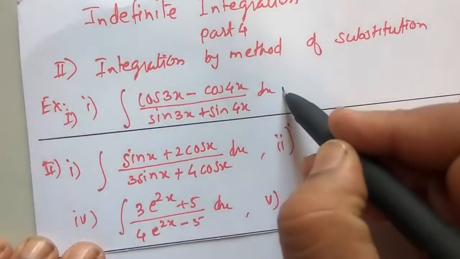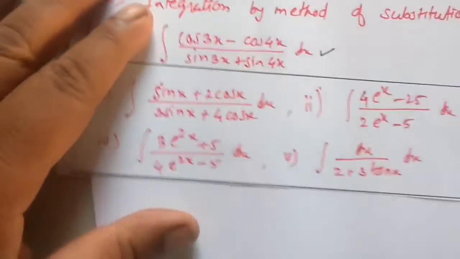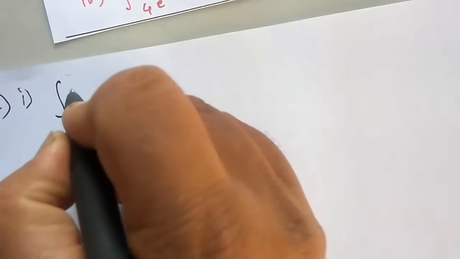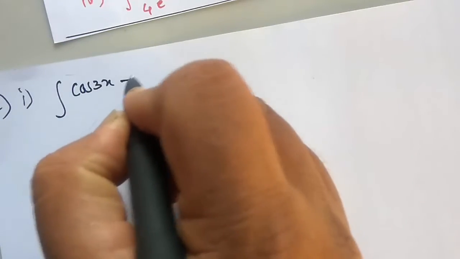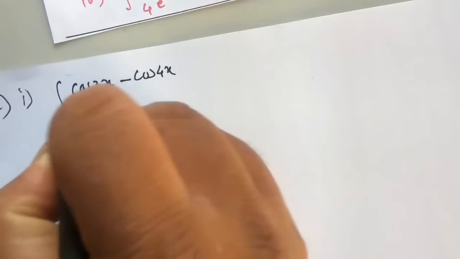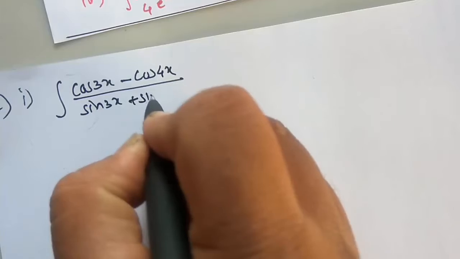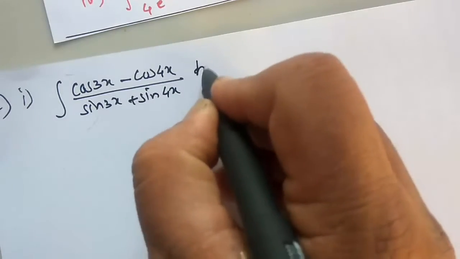First I will solve this example and then we move to the next example. Number 1, integration of cos 3x minus cos 4x upon sin 3x plus sin 4x dx.